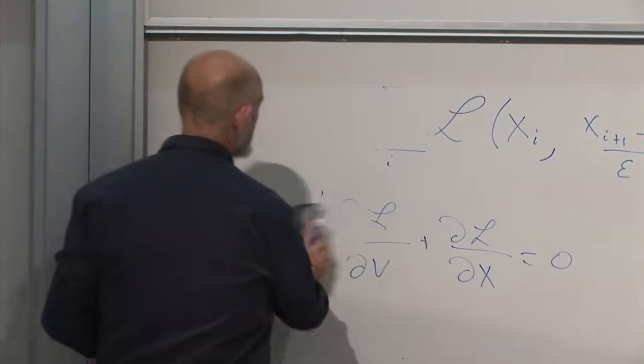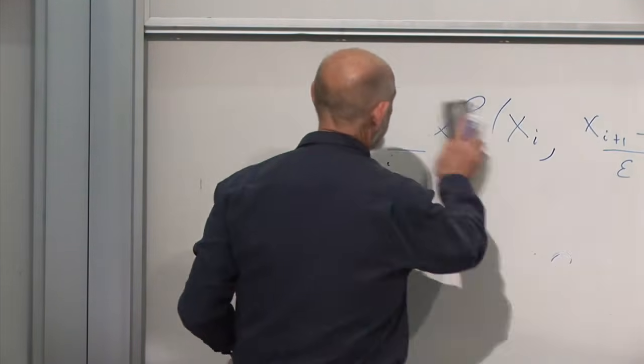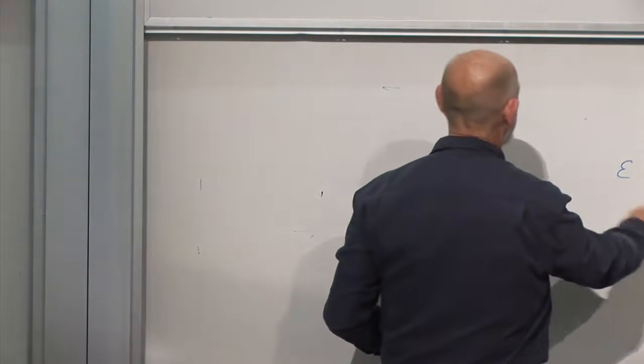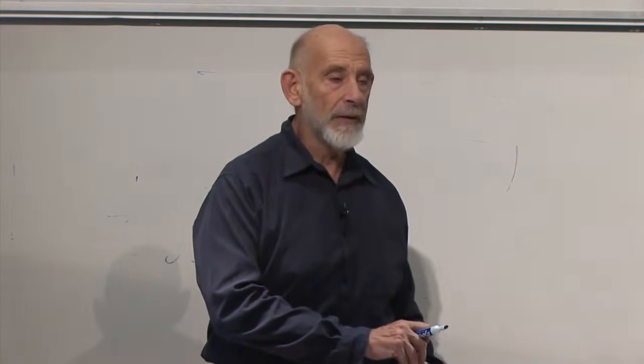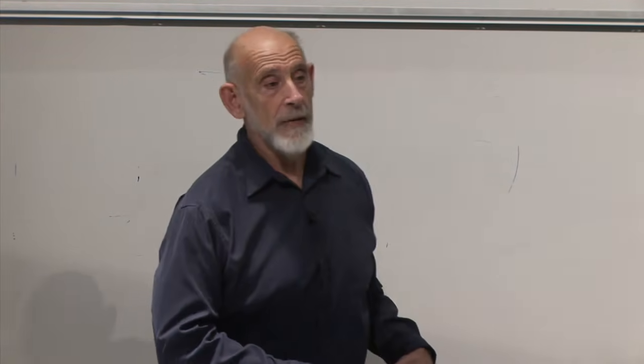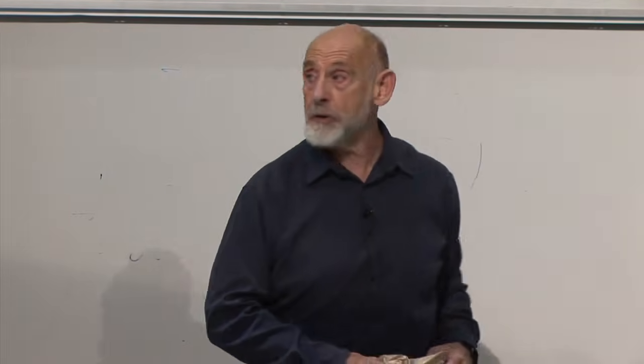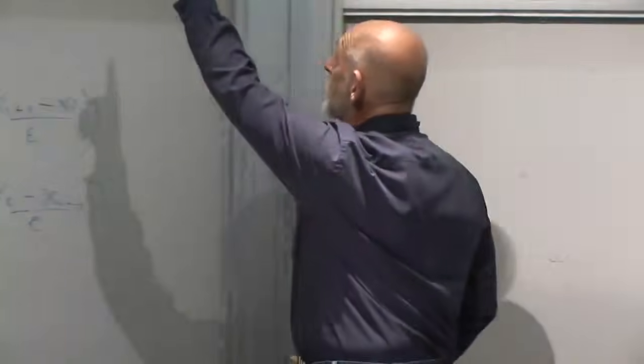Question. So the result that we have, correct me if I'm wrong, it seems like this result is valid for any function of x and x dot. Is that true? Yes. You call it a Lagrangian, or it's not a Lagrangian. You can call it anything you want. You can call it the distance between 2 points. There's an example up there.